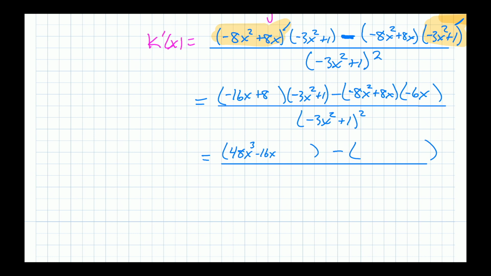The inner is going to be negative 24x squared. And the last is going to be 8. Then for the others, there's no FOIL. We just distribute the 6. I'm talking about these two. Just distribute the negative 6x. So we're going to get 48x cubed, and then minus 48x squared.